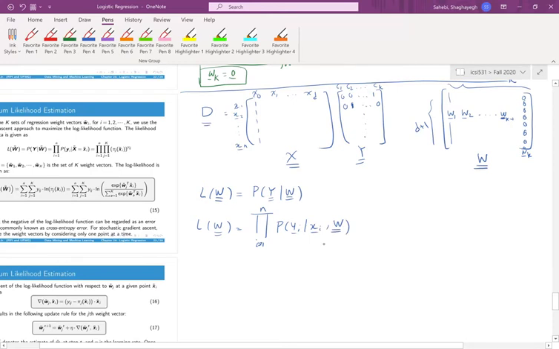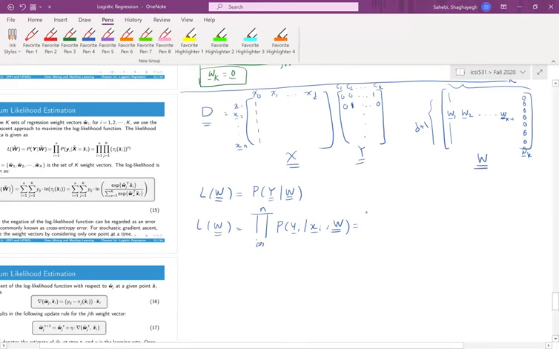Now, just to make things a little bit easier, we are going to assume that the classes are also independent of each other. So this is going to be similar to the binary logistic regression, where we had this Bernoulli distribution.